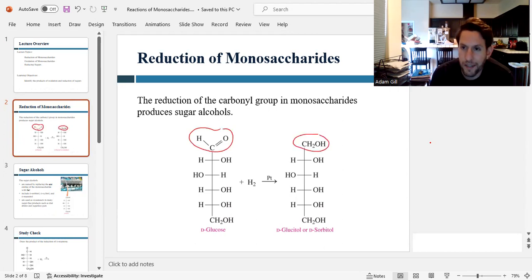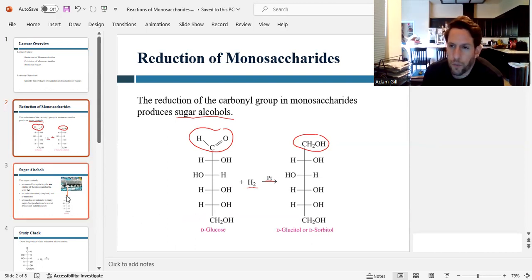So if you take the aldehyde and you treat it with hydrogen gas and a platinum catalyst, you can reduce it from the double bond to the oxygen to a single bond to OH. So the aldehyde becomes an alcohol. And this whole molecule here is known as a sugar alcohol because its carbonyl group is now an alcohol.